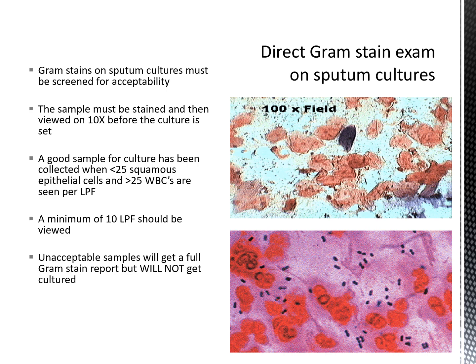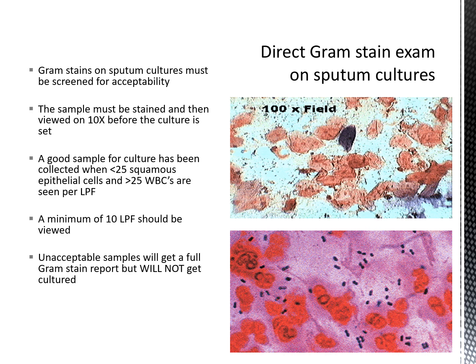We are looking for a sample that has greater than 25 white cells and less than 25 epithelial cells per low power field. If you see an average of 25 white cells or greater and less than 25 squamous epithelial cells, it means that the sample is good for culture. It means that we have a deep sputum sample and not just spit or saliva.